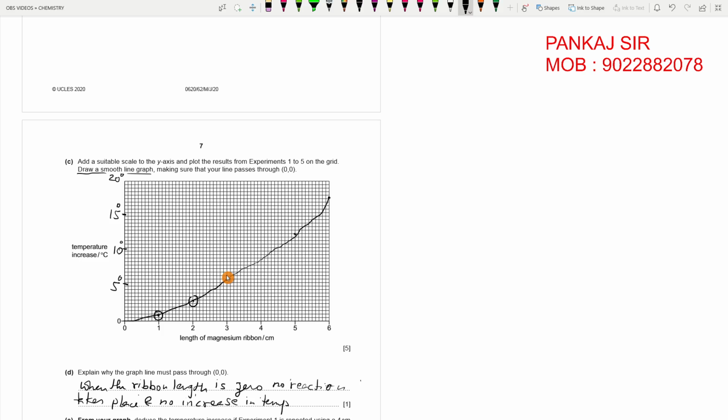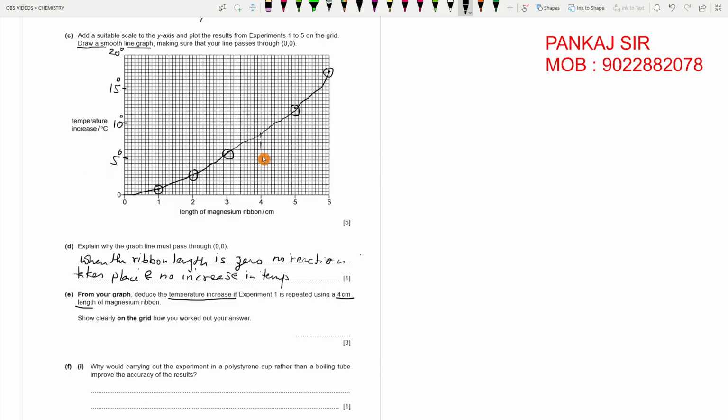Now after drawing the graph, he's asking you to find the temperature increase in experiment number 1, that is when the length of the magnesium is 4 centimeter. So corresponding to 4 centimeter, I'll have to see what is the reading over here.